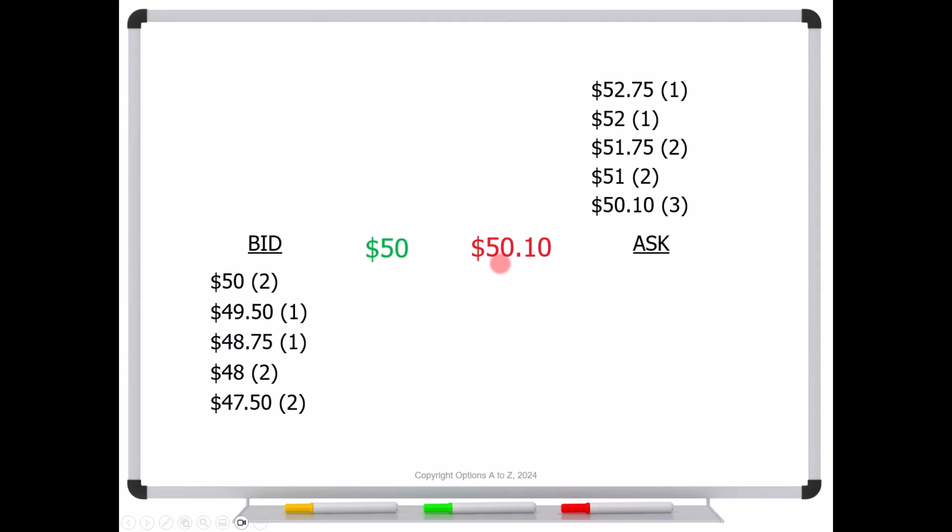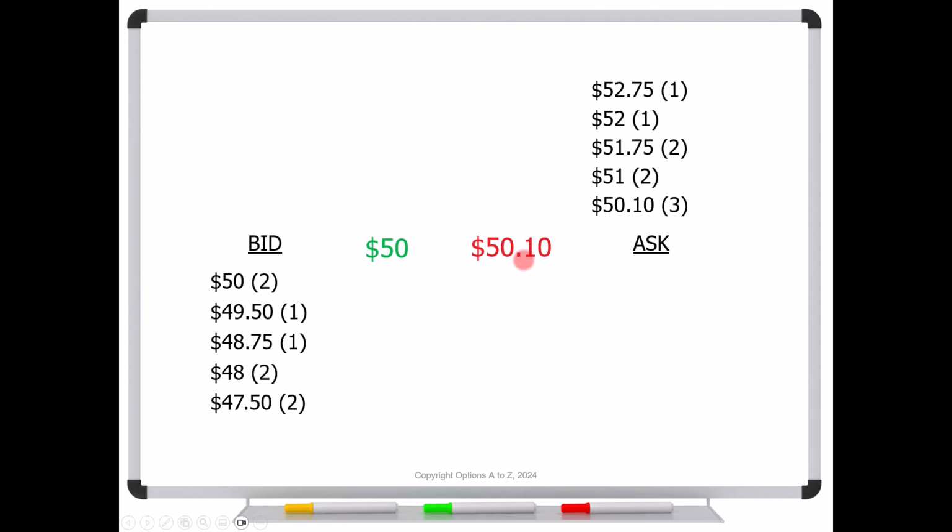Same thing over here on the asking price. You might see that the asking price is 50.10. So for example, let's say that you wanted to buy 800 shares at 50.10, but you do it at a market order because you're thinking, oh, well, that's the price. I can see it right there, 50.10.